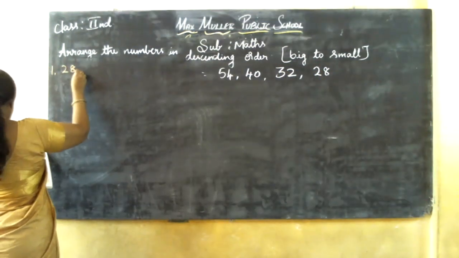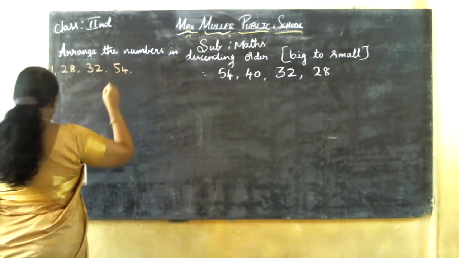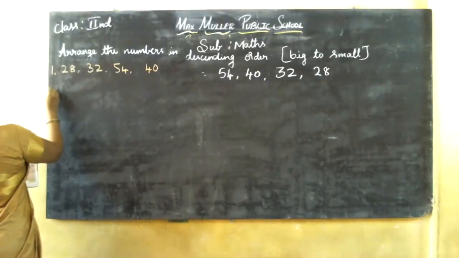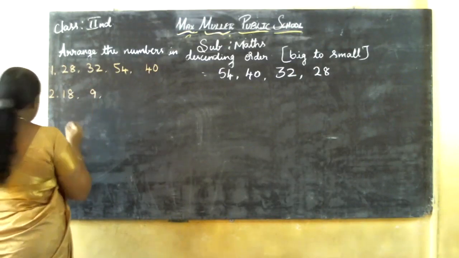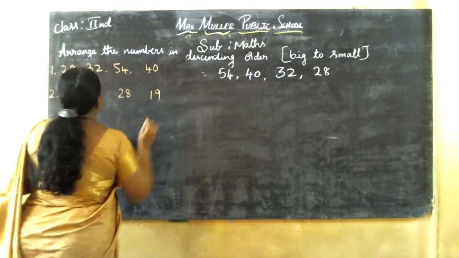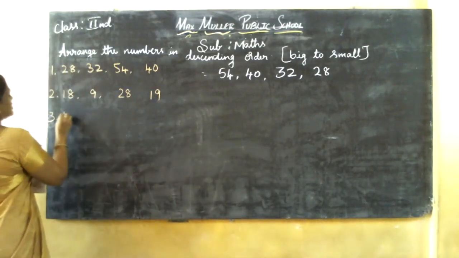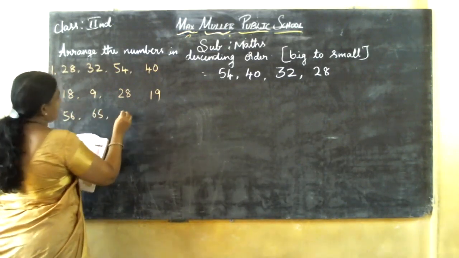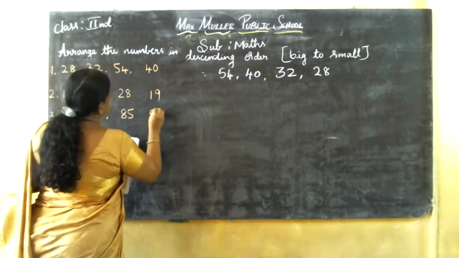28, 32, 54, 40. Second one: 18, 9, 28, 19. First we will write the numbers, after that we will do the answers. Third one: 56, 65, 85, 58.